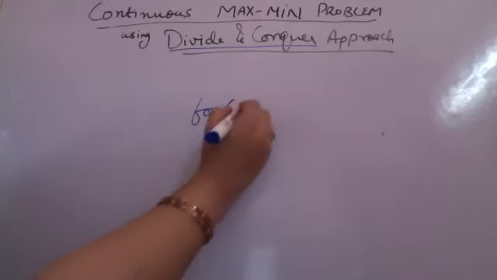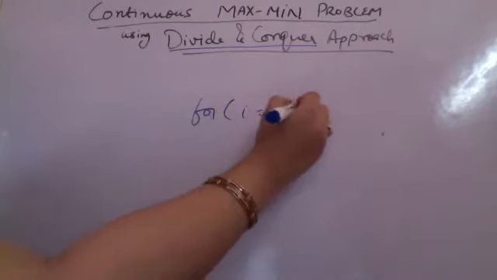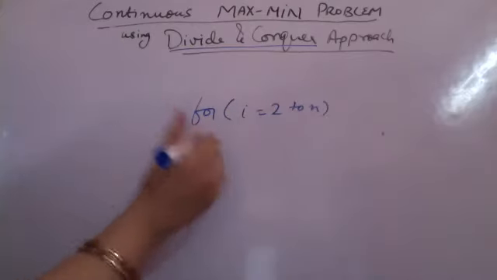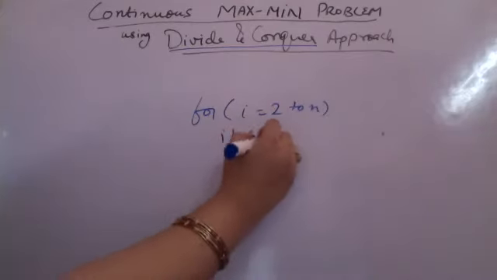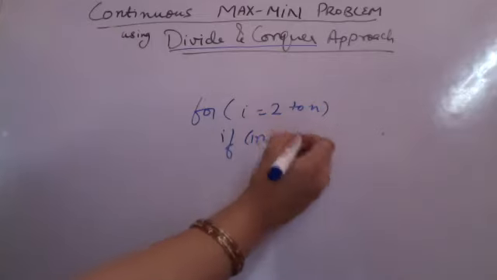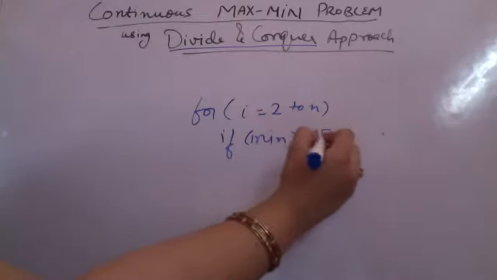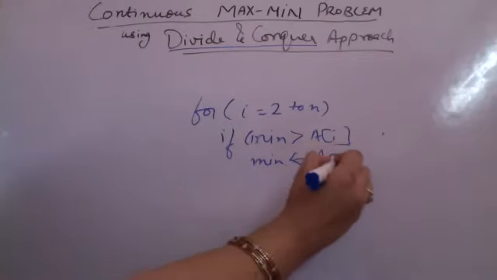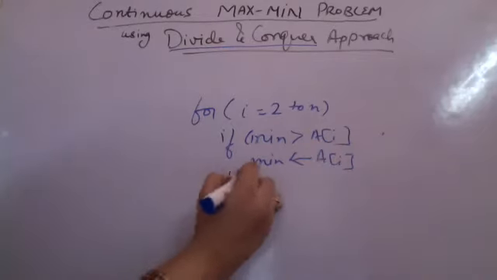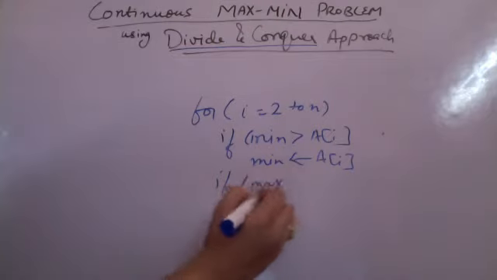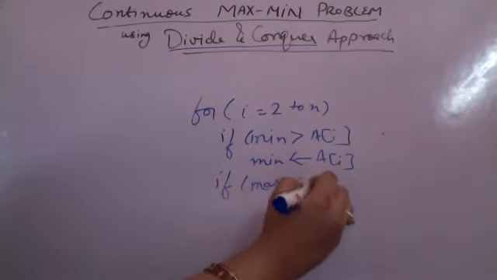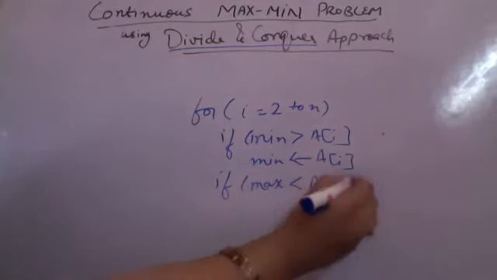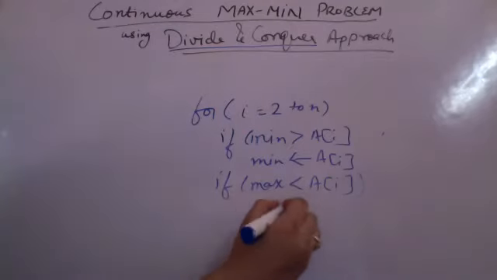If I am running a for loop from i equal to 2 to n, I will check if minimum is greater than a of i, then change the value of minimum to a of i, and again I will check if maximum is less than a of i, then I need to change the value of maximum.